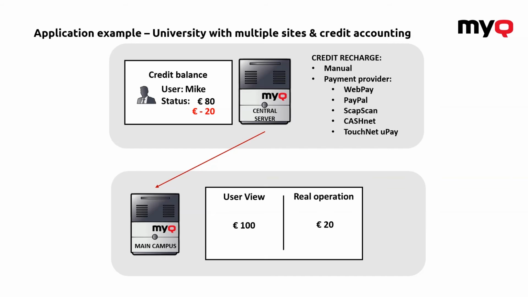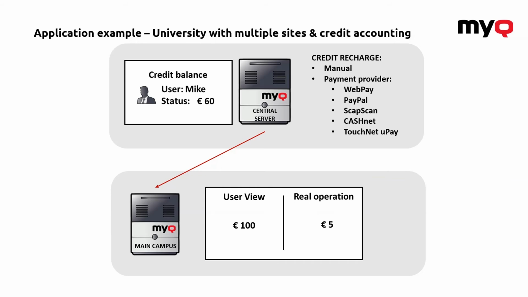I will explain as we go on. Now, when the user is printing quite a lot, doing some copies, his local balance, the real one, is closing to zero. The system will automatically ask for an additional 20 to top up the balance here on the site, so the user can go on with his operation.